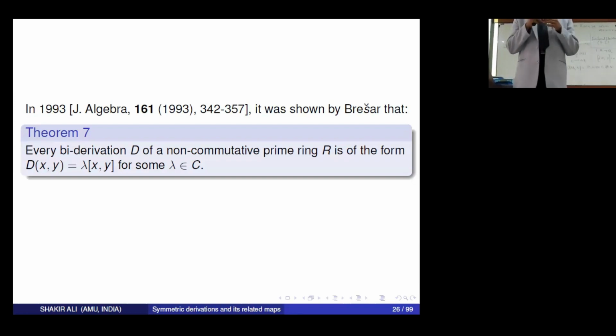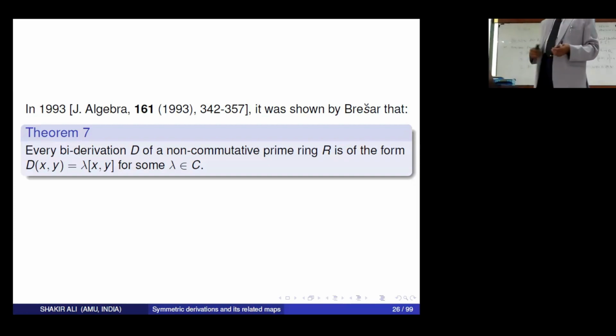Centroid means if we have an extension ring, and this extension ring is sometimes prime, then the center becomes a field. So that means lambda is from a field. Okay, so this is the type of every biderivation.